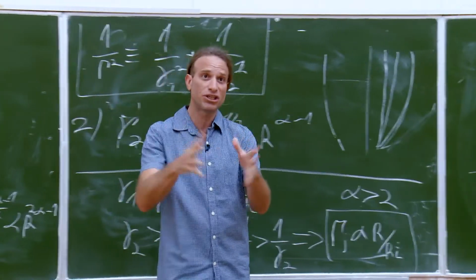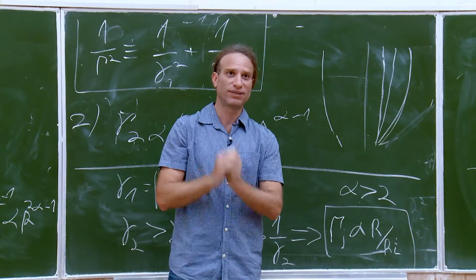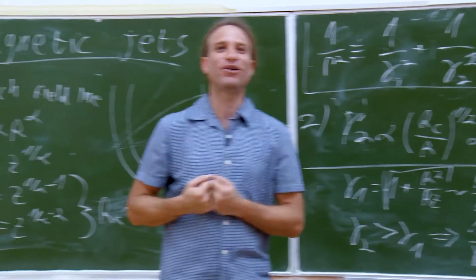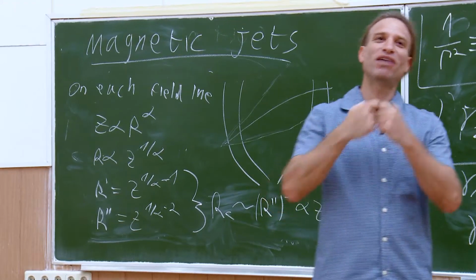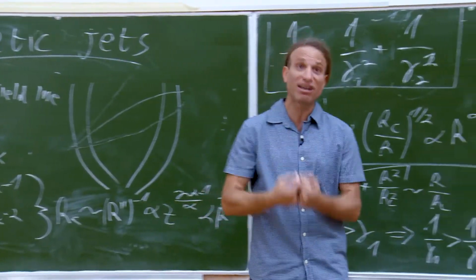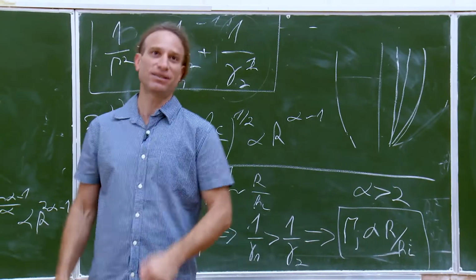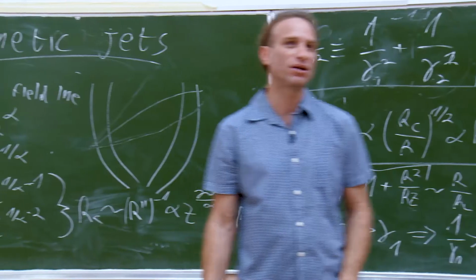You need to put a lot of energy into a very small amount of matter. When you do that, by definition, your equation of state is very relativistic. When you have a non-relativistic equation of state, you don't have enough energy to push your material to high Lorentz factor. You cannot do that with a non-relativistic equation of state.